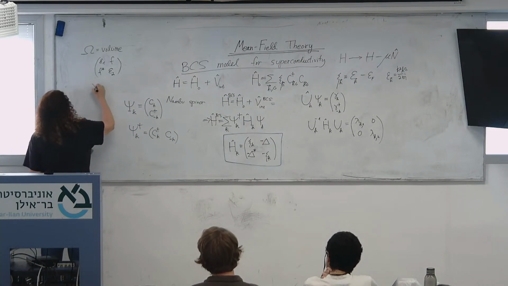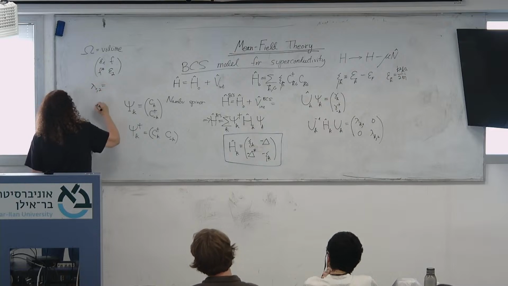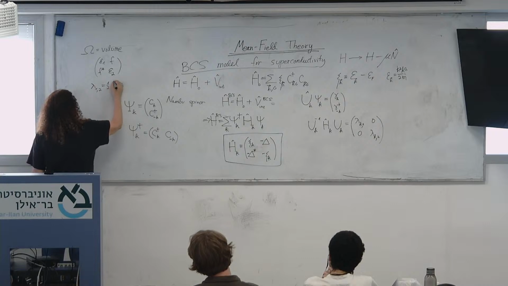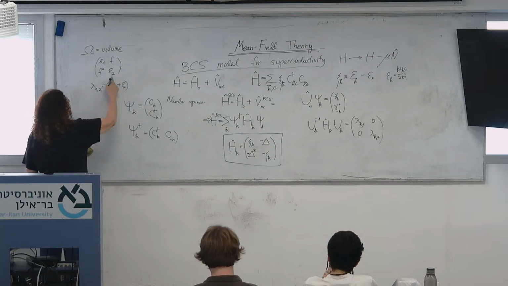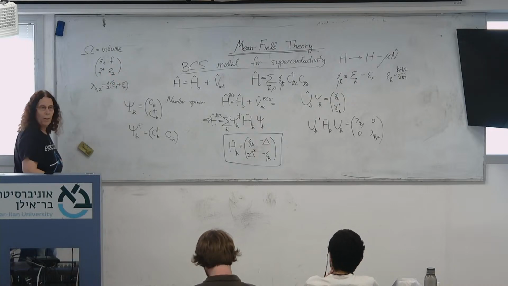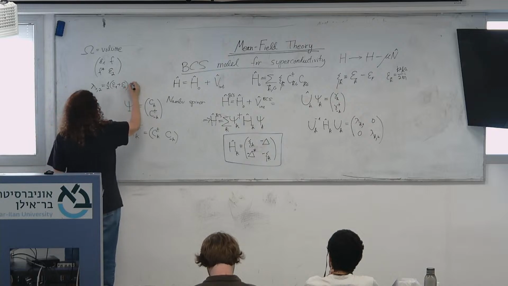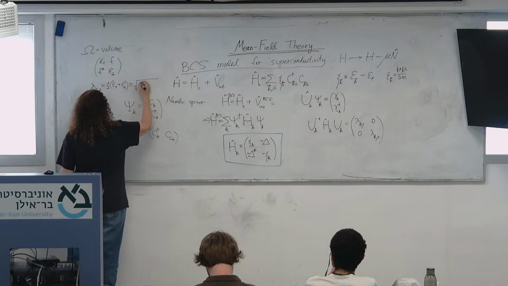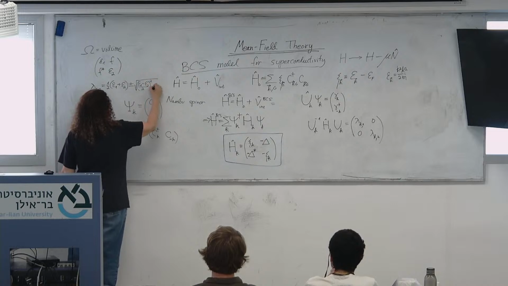The eigenvalues of these are: first there is an average of the two diagonal ones, plus minus the square root of epsilon 1 minus epsilon 2 squared plus f squared.